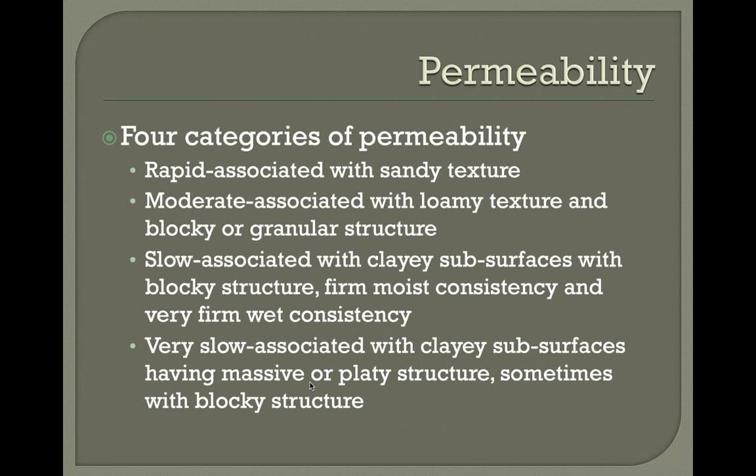You're looking at things that it's really, really hard to get the water through that soil without it just running off. So permeability, we are specifically looking at how quickly does it seep into the soil and how quickly does it go through the soil. So those are the two things we're specifically looking at as far as permeability.